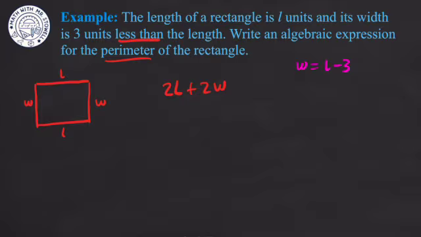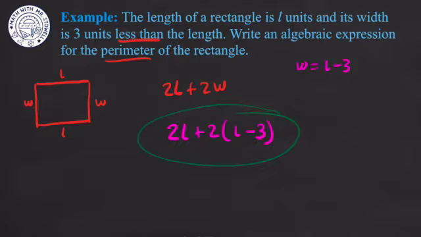So in other words, our expression is going to be 2L, 2 times the length, plus 2 times the length minus 3, because it's 3 less than the other value. So that is the expression we are looking for.